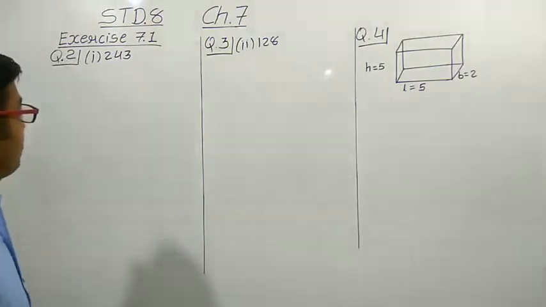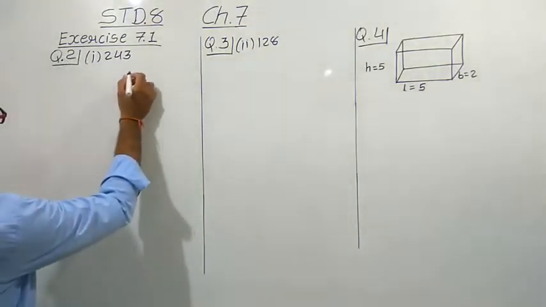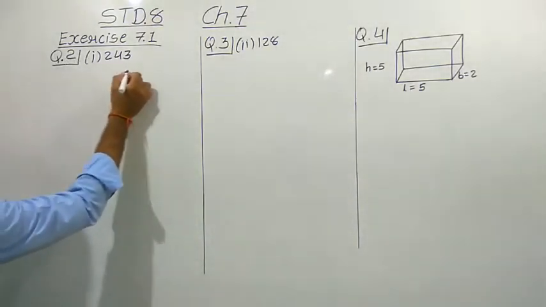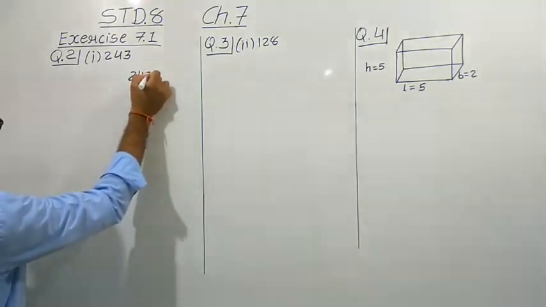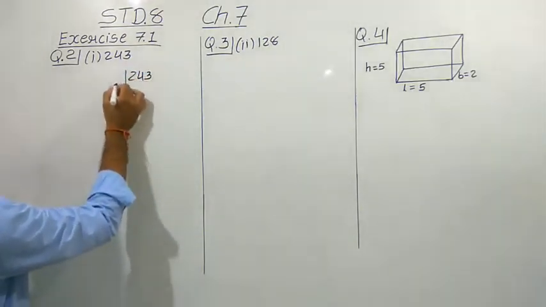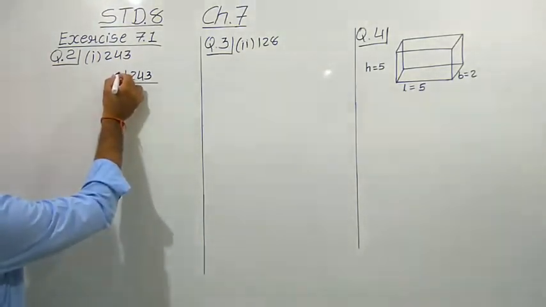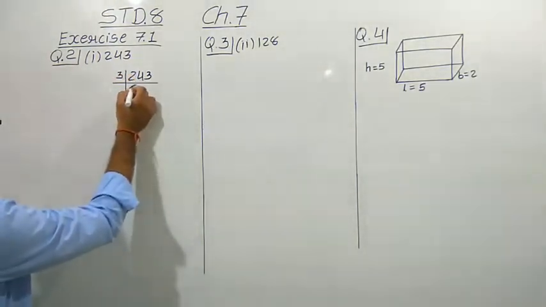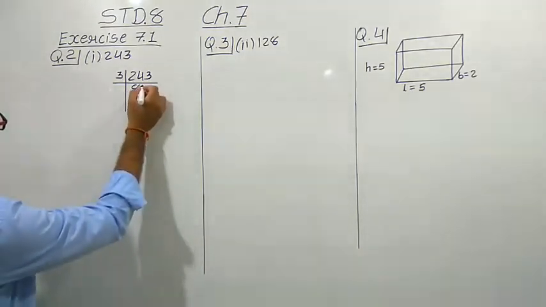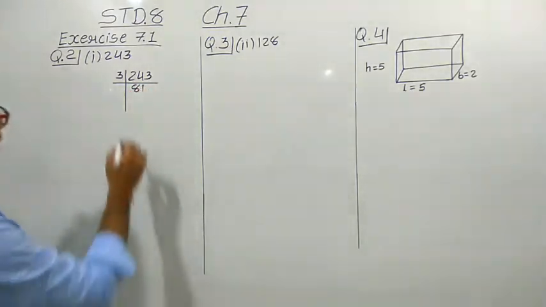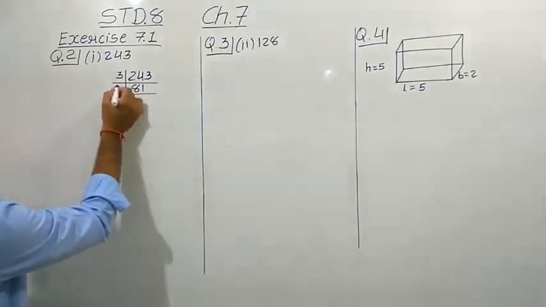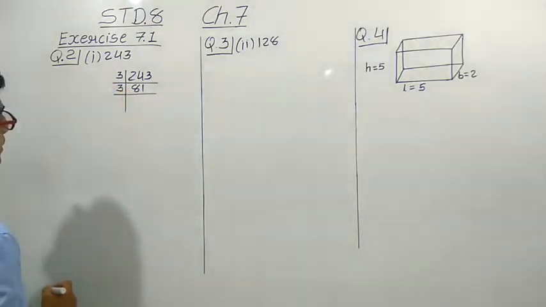So to find the prime factors, what do we have to do? We have to divide 243. See, this number is divisible by 3, right? When we divide it by 3, we get 81, since 3 8s are 24 and 3 1s are 3. Now again we can divide it by 3.